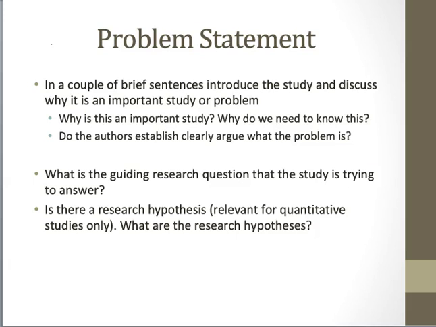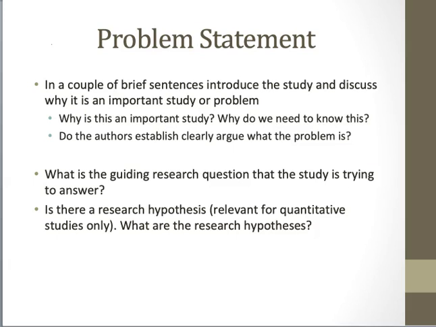Do the authors make a clear case right at the beginning for why this study exists? Does the very first section of the paper give you an idea of what this study is about and what is going to come in the next few sections?